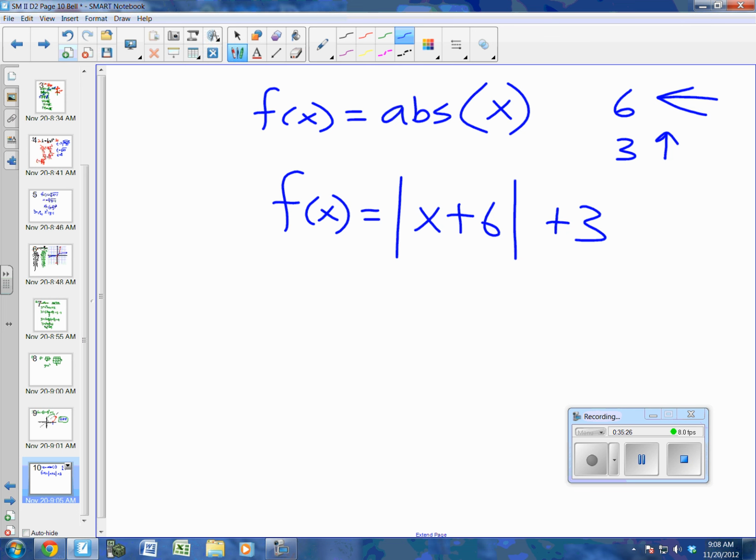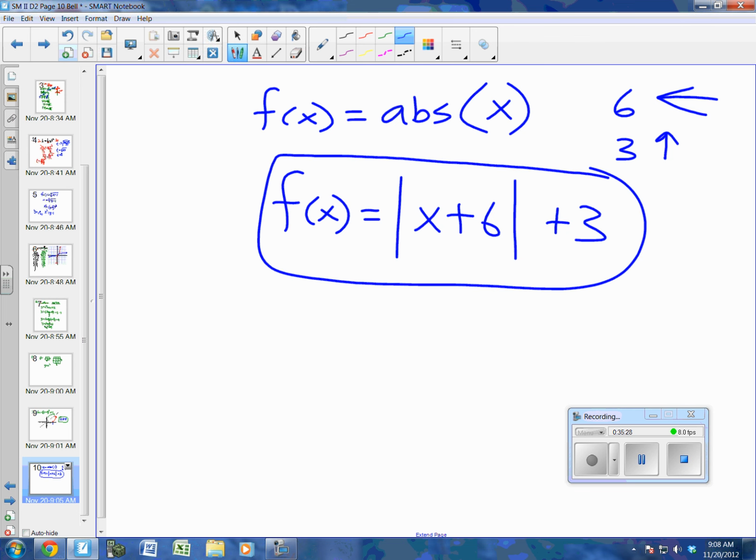That's the answer. Okay, because look, you guys, let's look at the graph. What does an absolute value equation look like? A regular one? An absolute value of x looks like that V right there, right? Where's its vertex? 0, 0. Okay, now, if all of a sudden I move it to the left 6 and up 3, now I've got 1, 2, 3, 4, 5, 6, up 1, 2, 3.